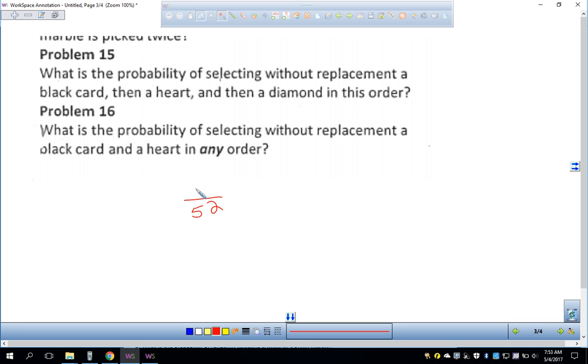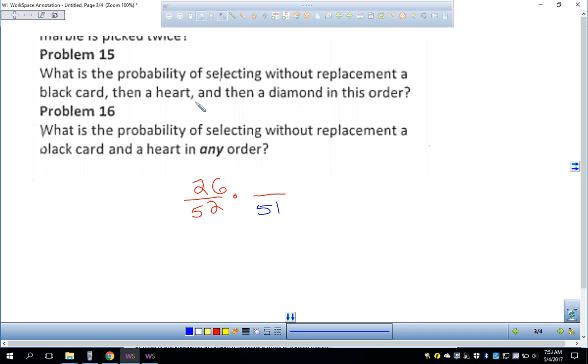What's the probability of picking a black card out of a deck? There's 26 black cards, so it could be either a spade or a club, right? Then, without replacement, a heart. So now how many cards do I have in the deck? I only have 51 cards, right?